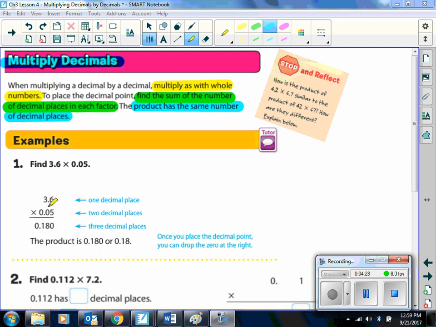And here, we don't have to do that 0. Now, when you look at the problem, there are 1, 2, 3 numbers behind the decimals in total. So in the answer, there will be 1, 2, 3 numbers behind the decimal.